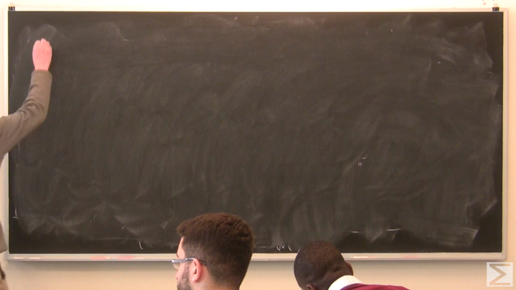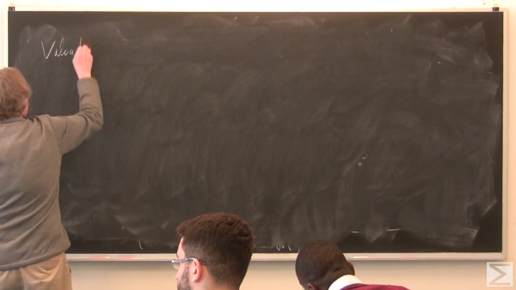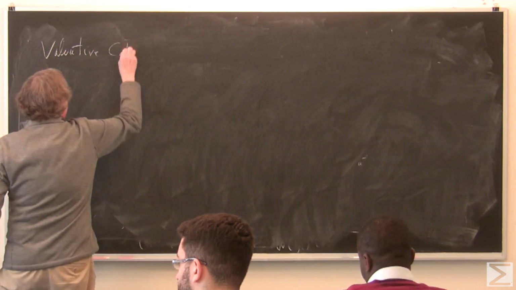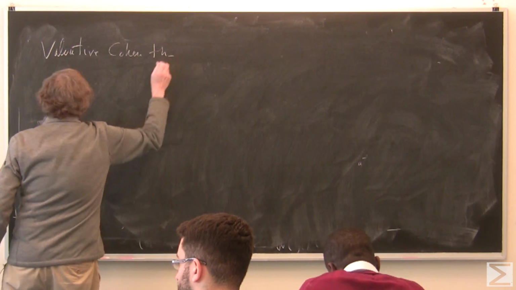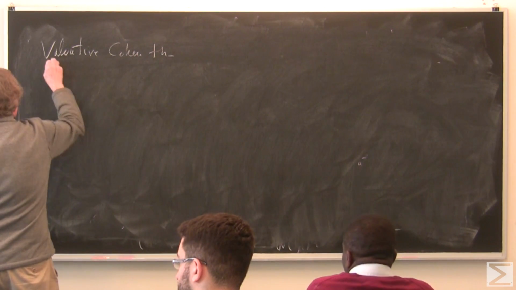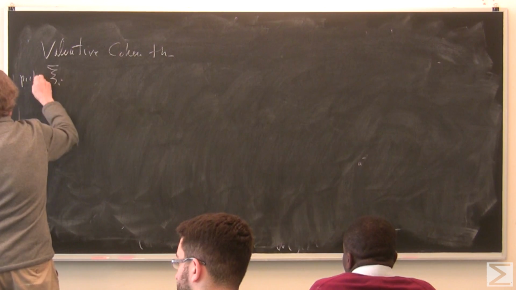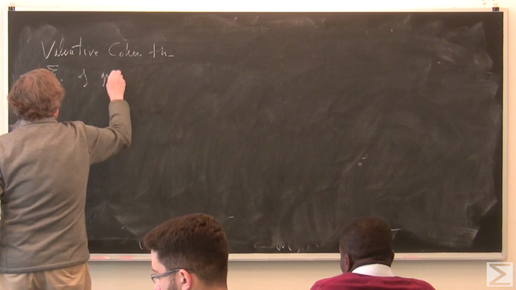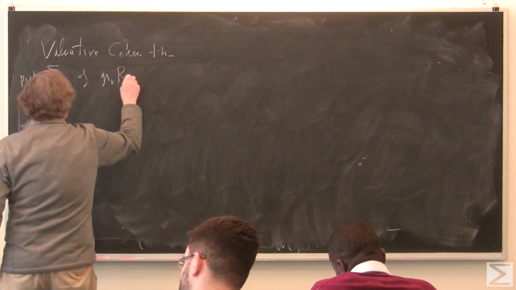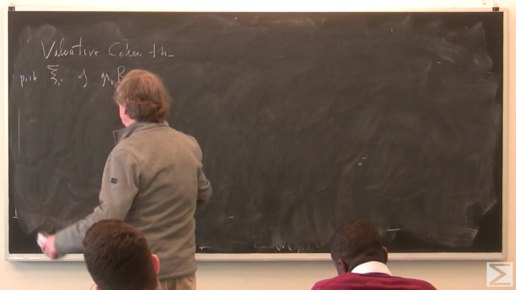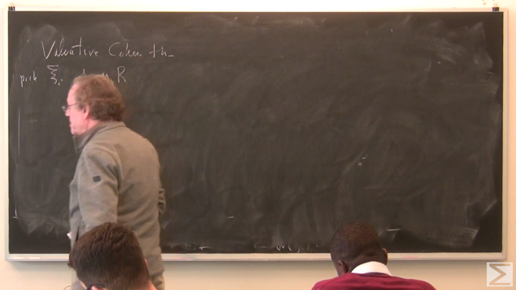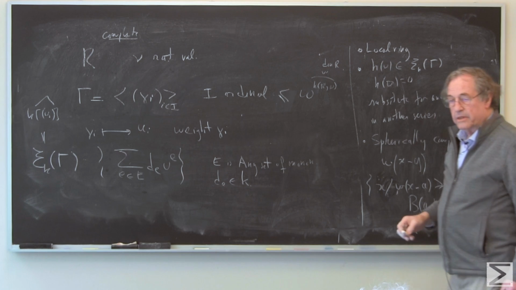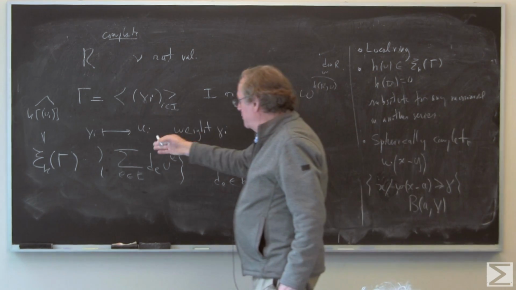Then the valuative Cohen theorem says this. Pick generators of the graded algebra. We know that these generators are in bijection with the generators of the semigroup, and also, therefore, with the variables.